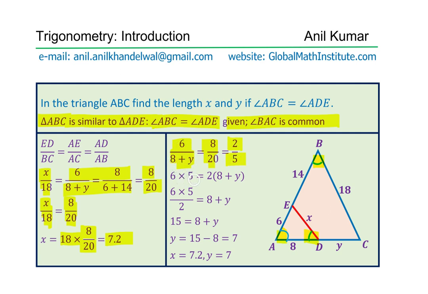So we can now cross multiply: 6 times 5 is equal to 2 times 8 plus y. Well, dividing by 2, 6 times 5, we get 15 is equal to 8 plus y. And therefore, y is 15 minus 8, which is 7. So we get our answer, which is x is 7.2 and y is 7.